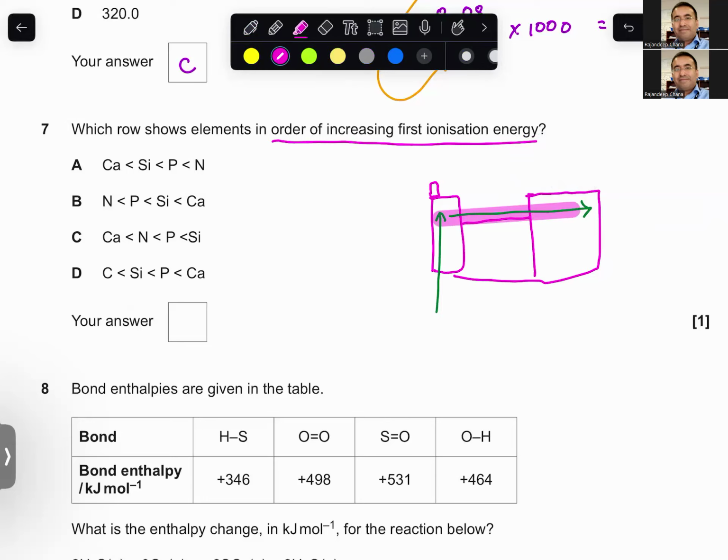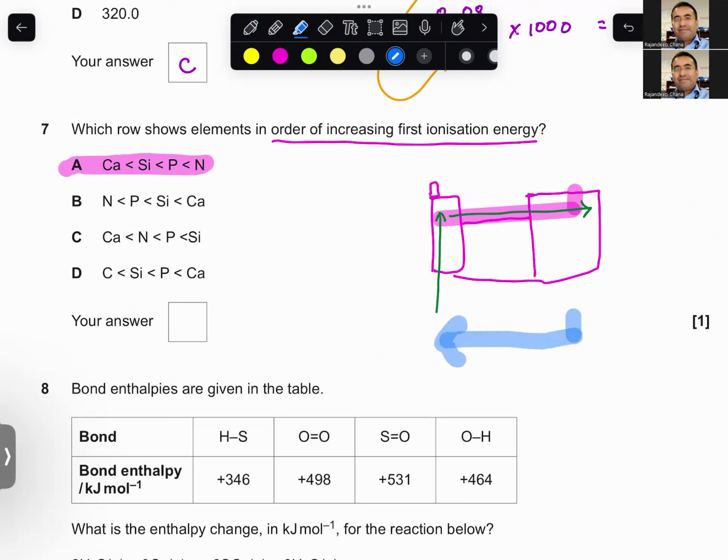Nitrogen, phosphorus. Oh, this is the reverse. No, wouldn't be that. Wouldn't be that. Calcium, nitrogen. So where's calcium, nitrogen, calcium, nitrogen?